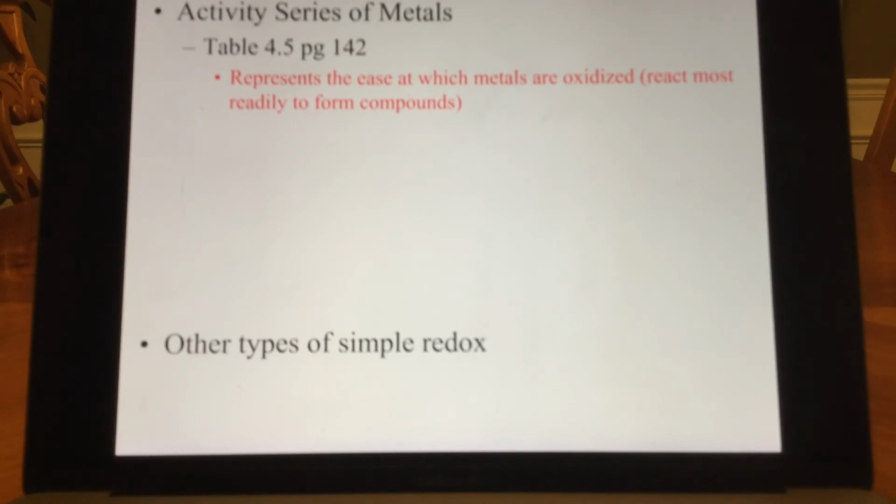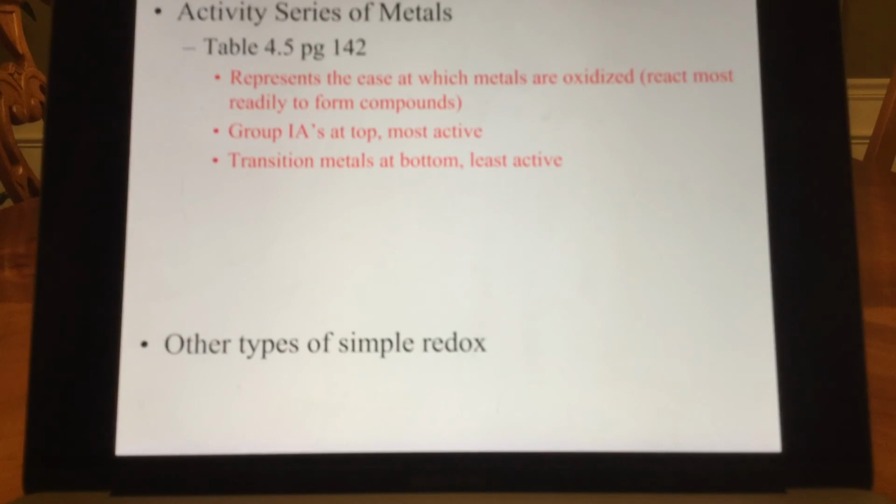So the more easily metals can be oxidized or lose electrons, the more reactive they are, and more easily they will form compounds. So again, the group 1As are at the top for the most part. They are the most active because of their low ionization energy. They will undergo oxidation most easily.